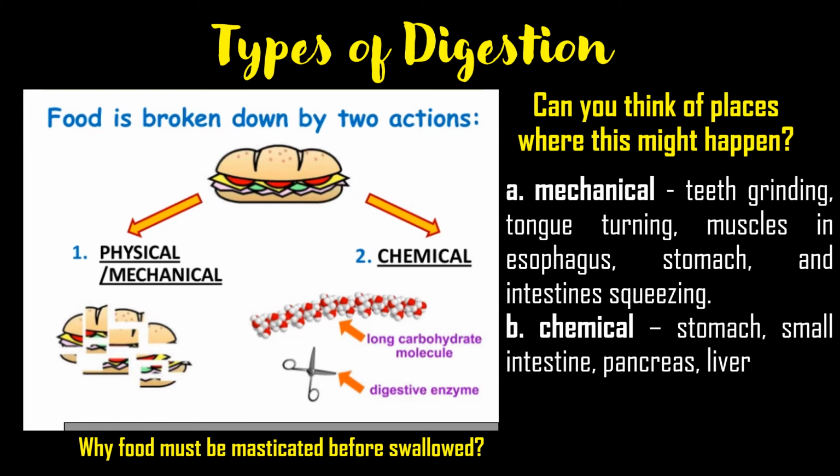Why must food be masticated or chewed before swallowing? There are actually two reasons behind that question. First is to increase surface area for enzymes to act quickly, and second, it is easier to manipulate by the tongue to form a bolus.